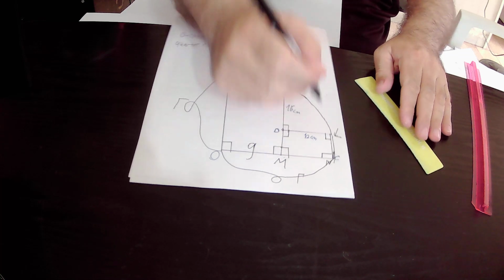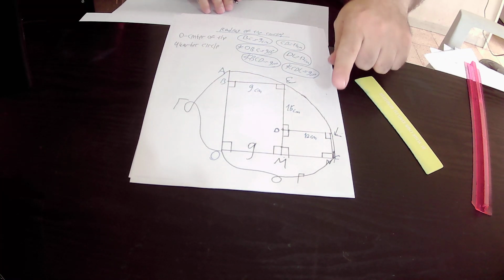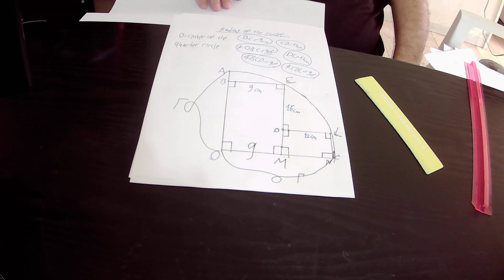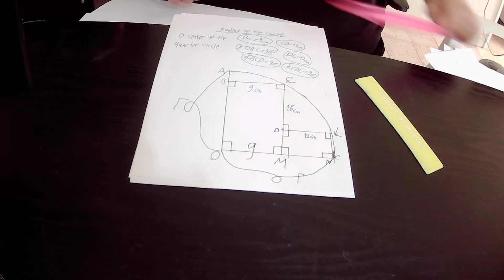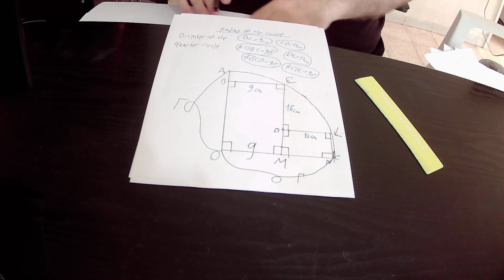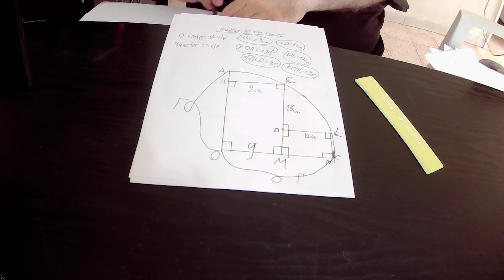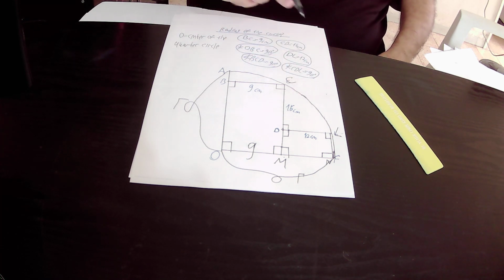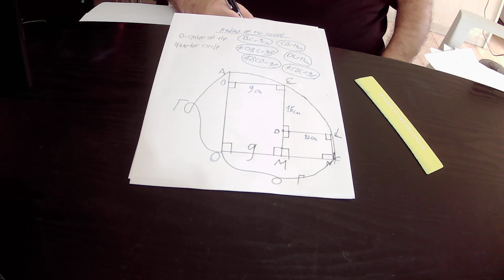So we actually found out that inside quadrilateral DLMN we have 4 right angles. And any quadrilateral that has 4 right angles must be at least a rectangle, if not a square. Okay, so we will treat quadrilateral DLMN as a rectangle.